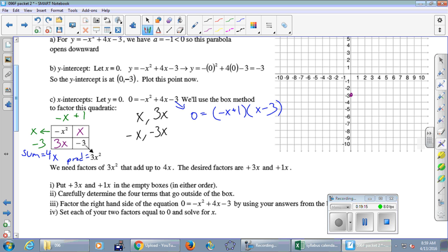Again, I've discouraged folks from just memorizing a little shortcut, but let's actually do it the right way, and then we'll show why the shortcut is not worth memorizing. So we've got two things multiplied to get 0, so one of them must be 0. So either negative x plus 1 is 0, or x minus 3 is 0.